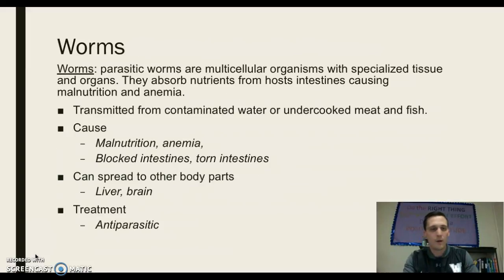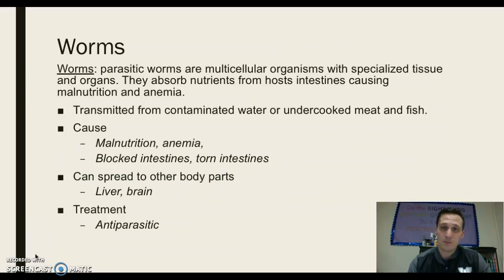Parasitic worms are multicellular, whereas protozoa are usually single-celled. Parasitic worms are multicellular organisms with specialized tissue and organs. These absorb nutrients from a host. They get into the intestines and absorb nutrients away from the host, causing malnourishment and even anemia. They're transmitted through contaminated water or uncooked meat and fish.